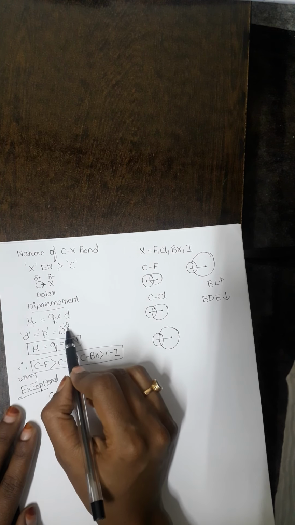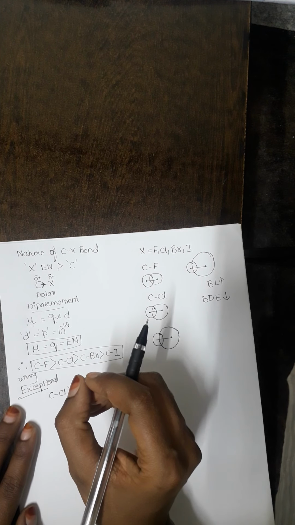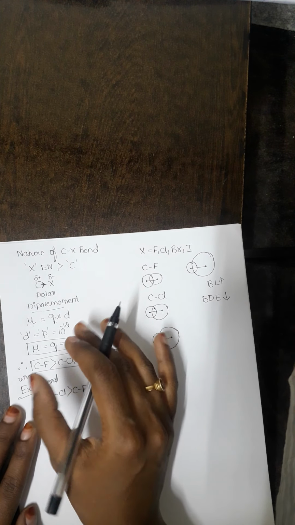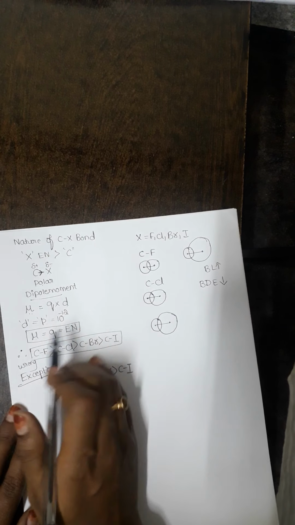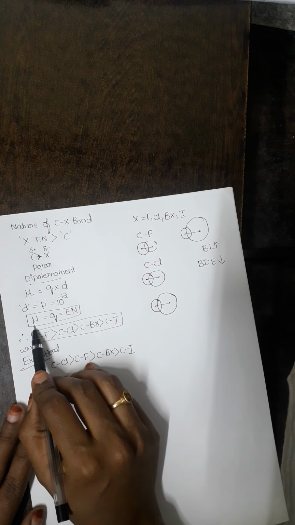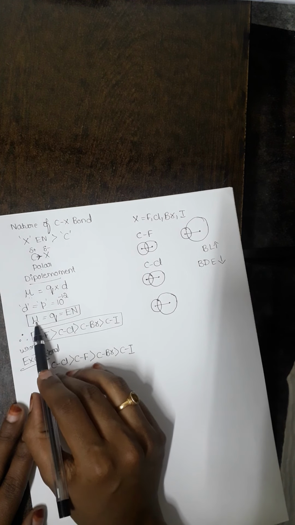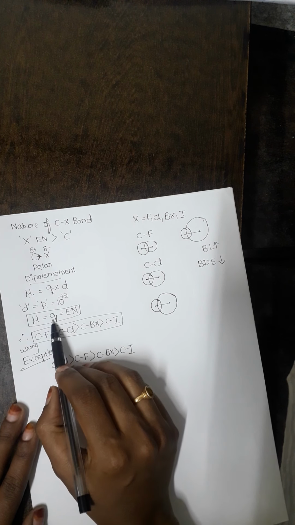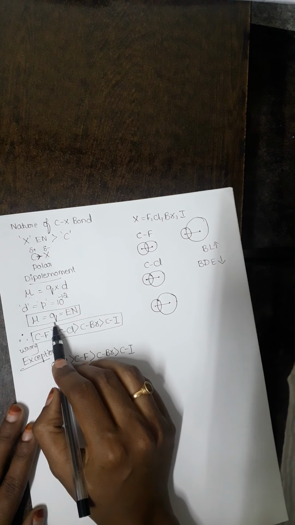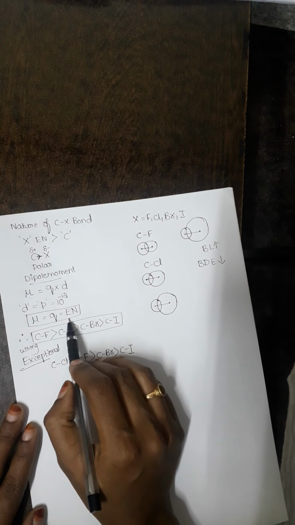It is a very small distance, so distance can be ignored while considering the dipole moment. So what will be the concept here? Dipole moment depends directly upon the charge, and the charge depends purely upon the electronegativity.